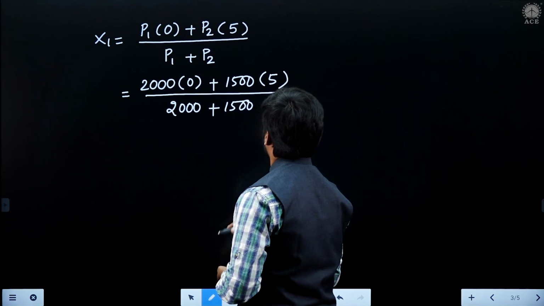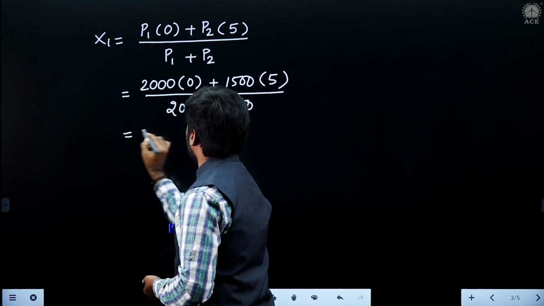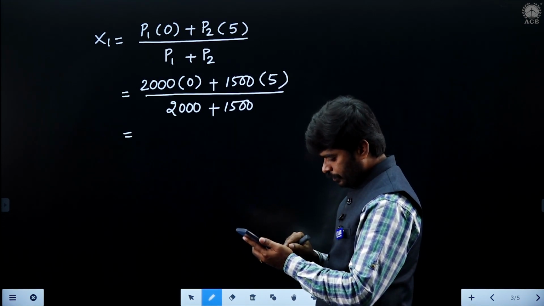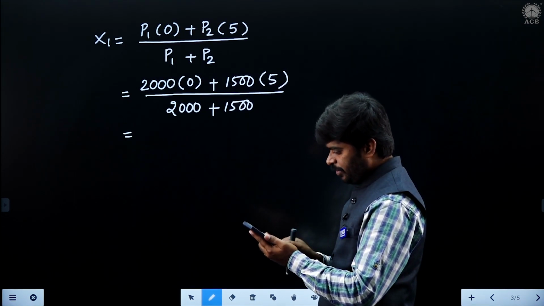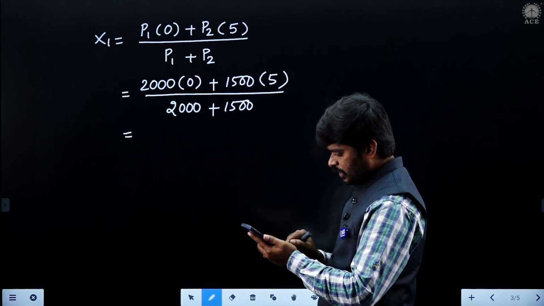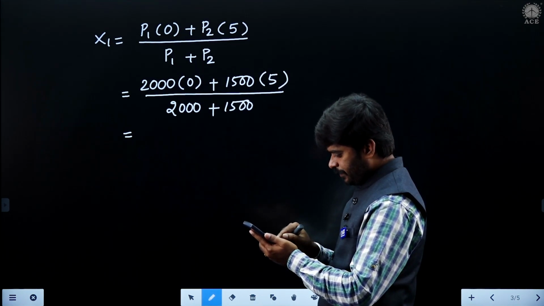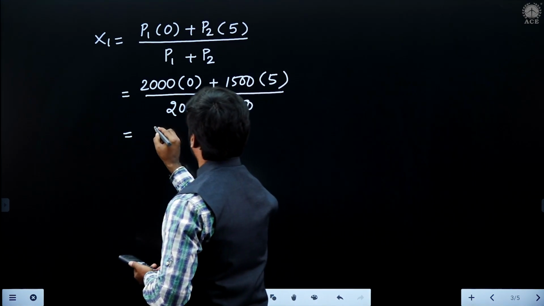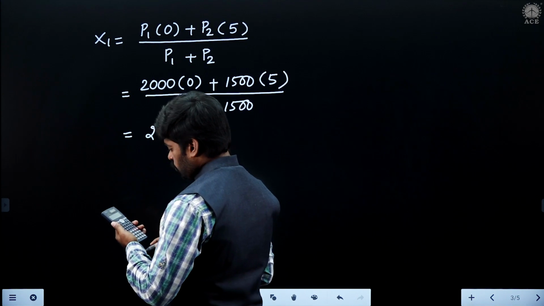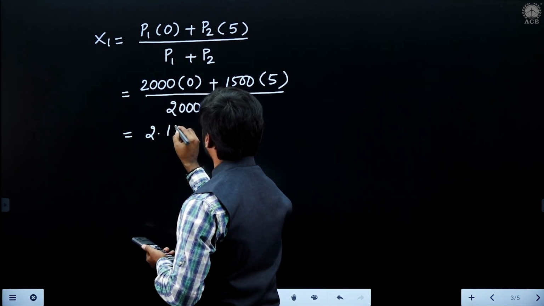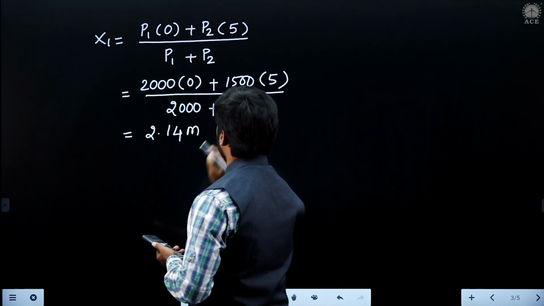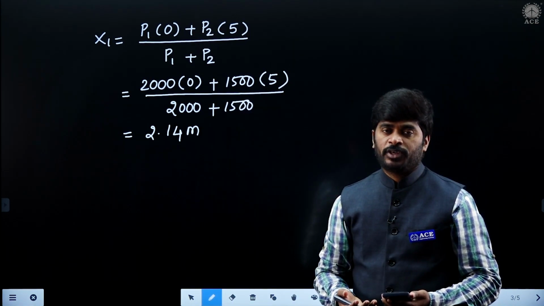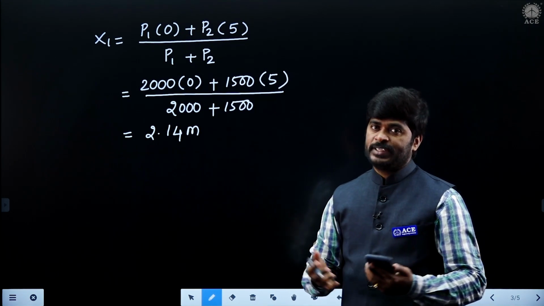In meters, 1500 into 5 divided by 2000 plus 1500. It will be 2.14, only 2 decimal places, 2.14 meters. We have found out CG of loading system.